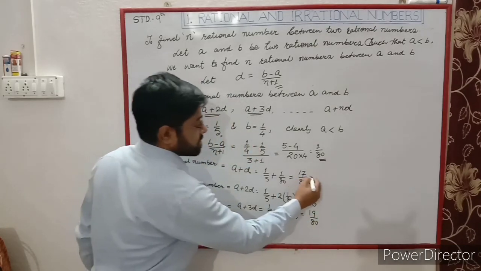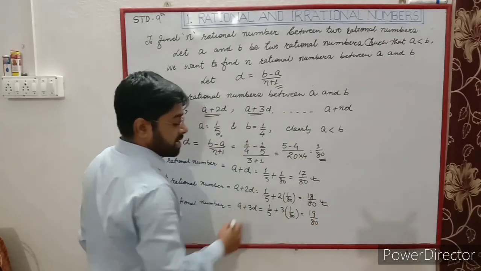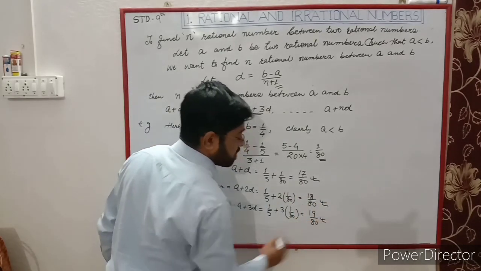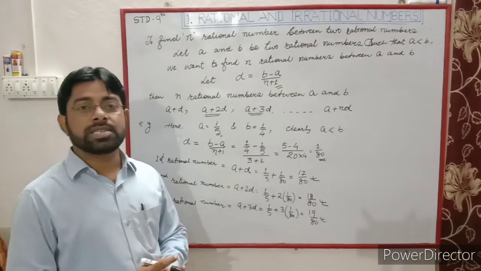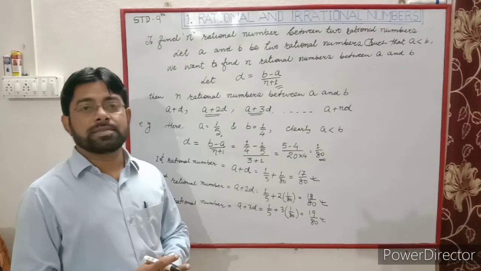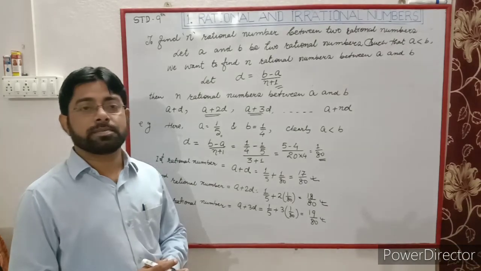So we have the first rational number 17 by 80, the second rational number 18 by 80, and the third rational number 19 by 80. Now from these results we can observe that there are infinitely many rational numbers between two different rational numbers.